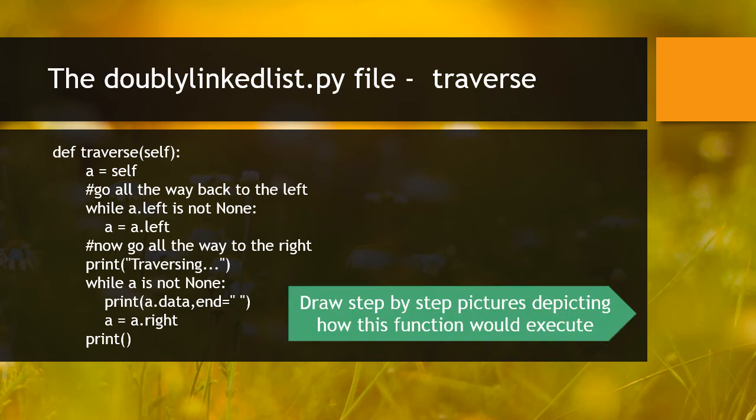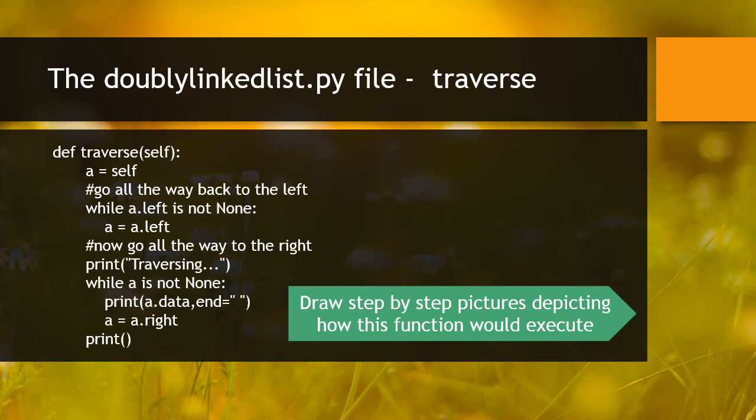I want you to draw step-by-step pictures depicting how this function would execute. In the worst case, we will have to move 2n times. The worst case would be when self points to the extreme right node.